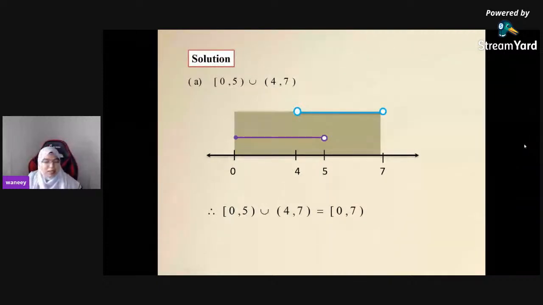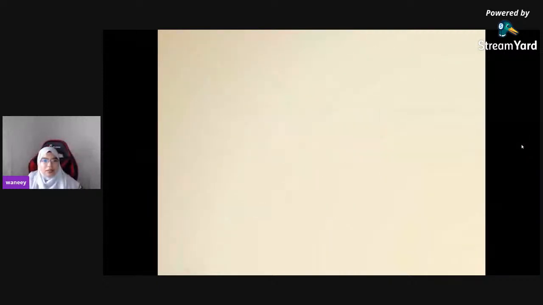Okay, next. We have negative infinity until 5, overlap with negative 1 up until 9. So firstly, draw a number line. Who is on the left hand side and who is on the right hand side? We have -1 on the left and then 5 and 9.